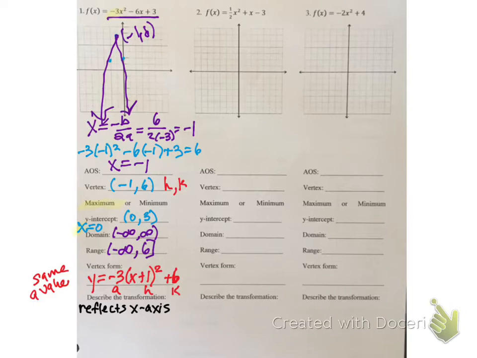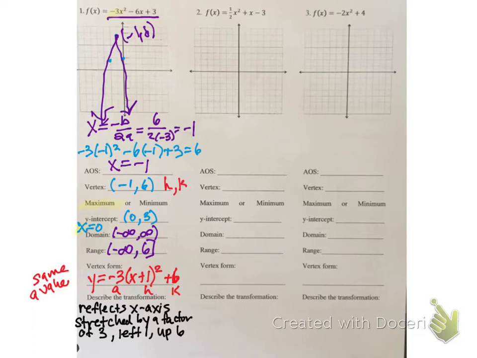In this case, my a value is greater than 1, so I would say it is stretched by a factor of 3. Then is it left, right, up, down? So left 1 unit, and it is up 6 units. Left 1, up 6.